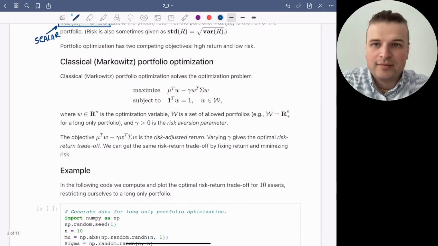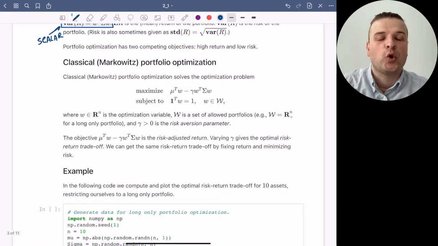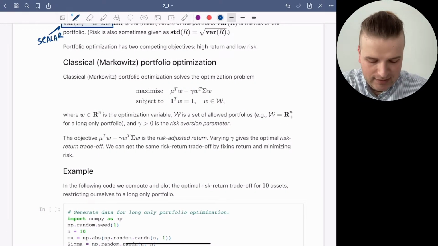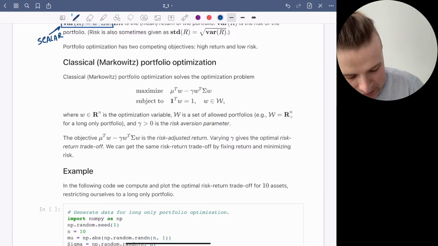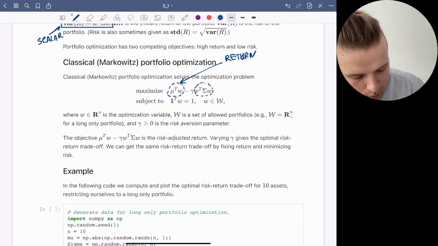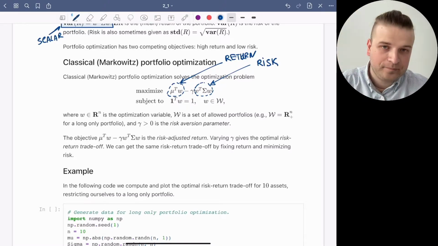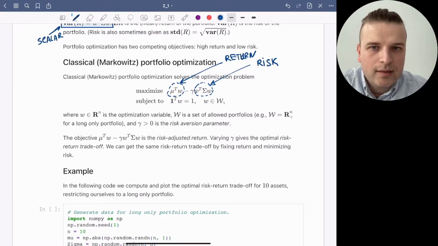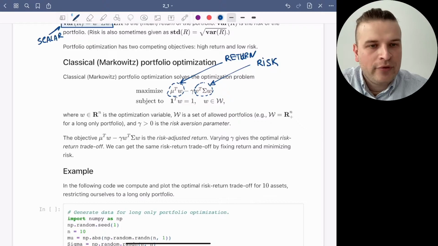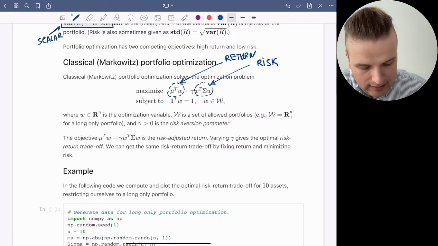And typically, what was the Markowitz approach here is that we want to maximize our return. That's the return. At the same time, we want to minimize our risk. That's why we put this risk with a minus sign here, with a negative sign.